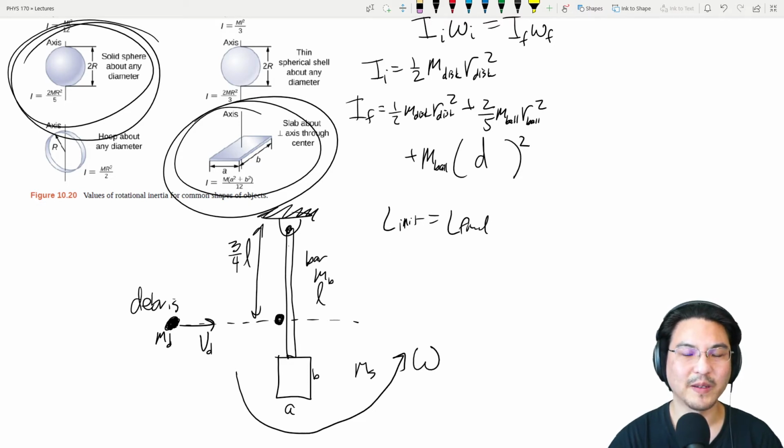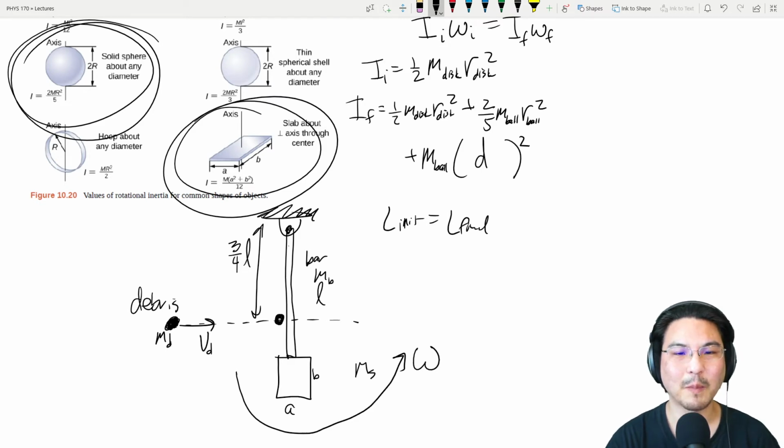But then there's angular momentum due to the debris about some point we can choose. So let's say we find the angular momentum about the hinge over here, the hinge, and then here's the debris with some mass going some speed.